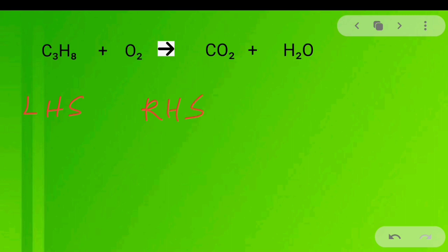So in LHS the carbon atom is equal to 3, the hydrogen atom present is equal to 8 and oxygen atom present is equal to 2. In RHS the carbon atom present is equal to 1, the hydrogen atom present is equal to 2 and the oxygen atom present is equal to 3.